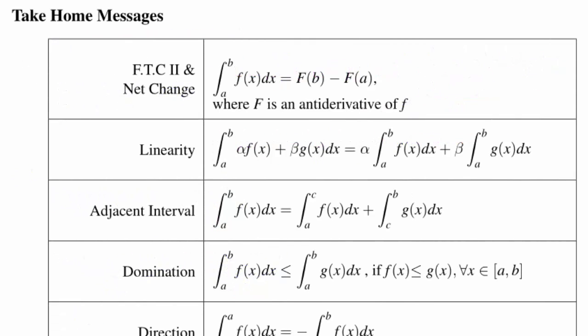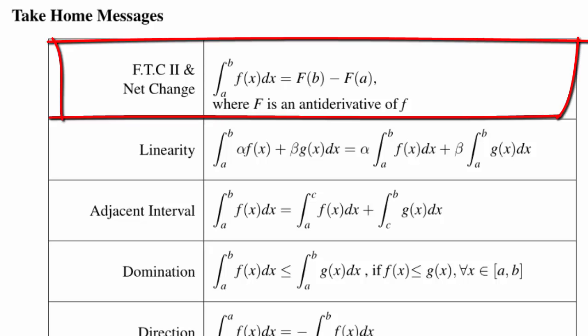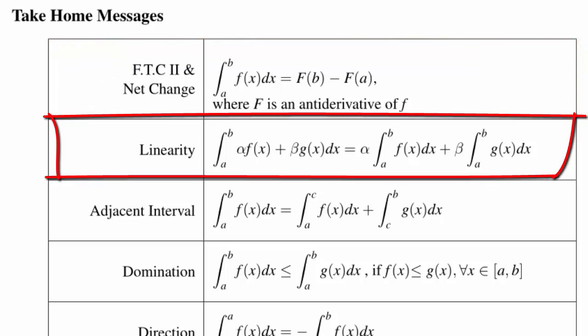So what we learned is definite integrals can be evaluated using antiderivatives and net change. And this formula is really what is known as the fundamental theorem of calculus part 2. This also, in addition to facilitating calculations, gives us properties of the definite integral, like linearity.